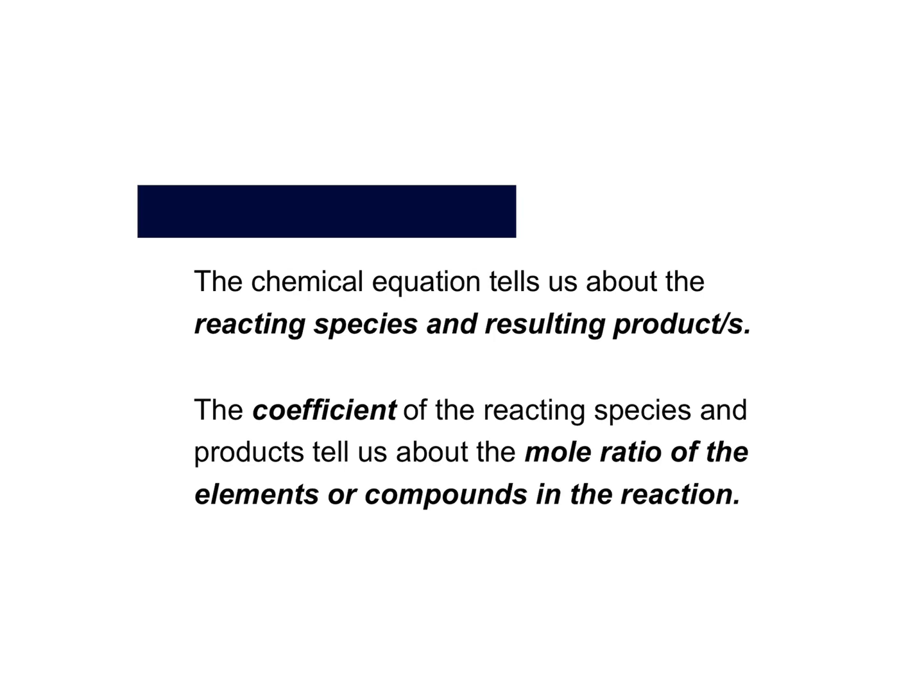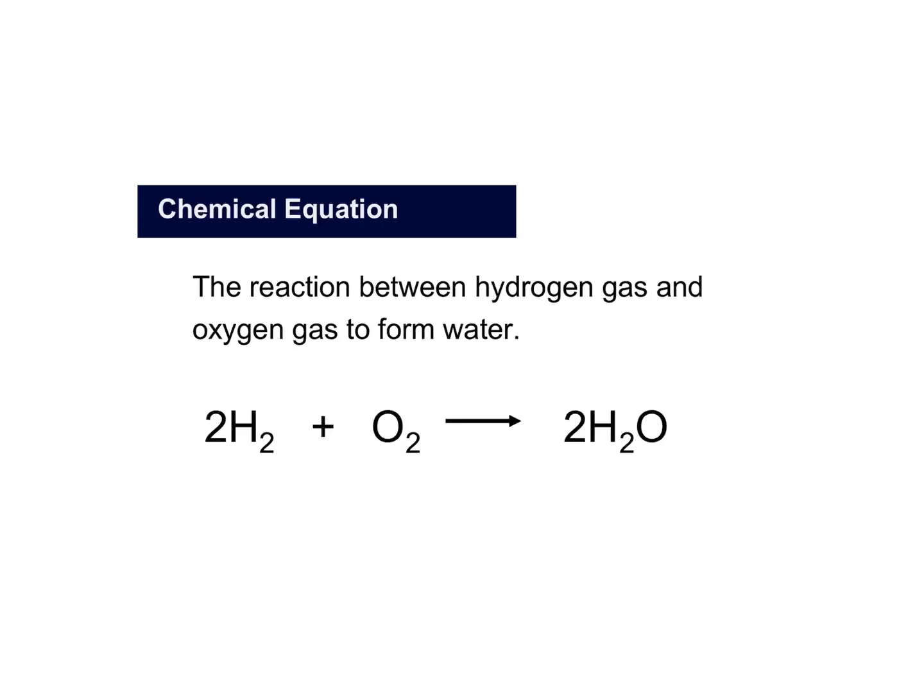in the reaction. An example of this chemical equation is the reaction between hydrogen gas and oxygen gas in order for it to form a product which is water. So in this chemical equation, the number 2 here and here on the product are called coefficients.